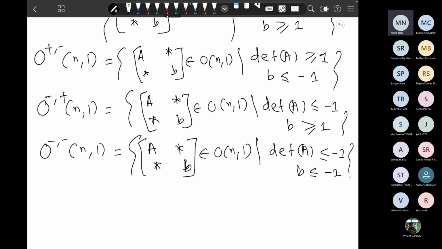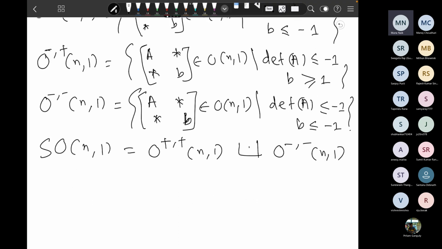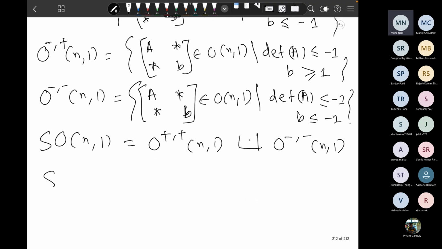So we have seen that SO(n,1) is really O^{++}(n,1) disjoint union O^{--}(n,1), and also that SO_0(n,1) is equal to O^{++}(n,1).